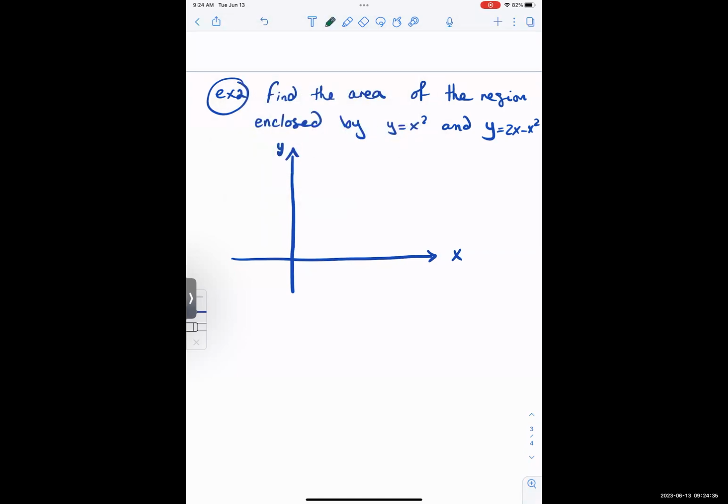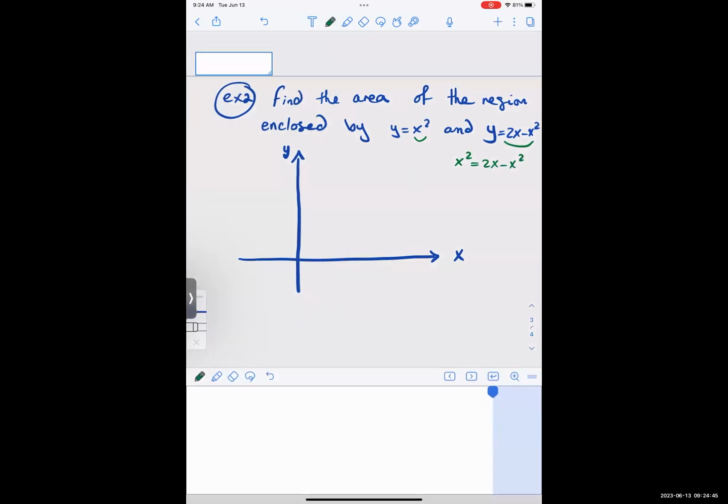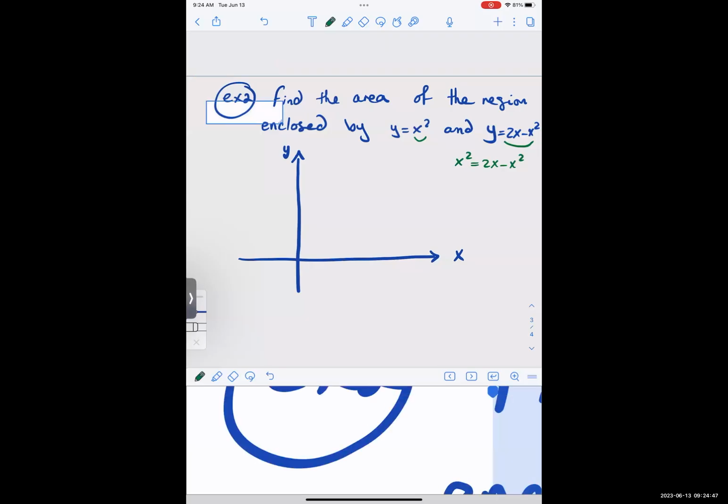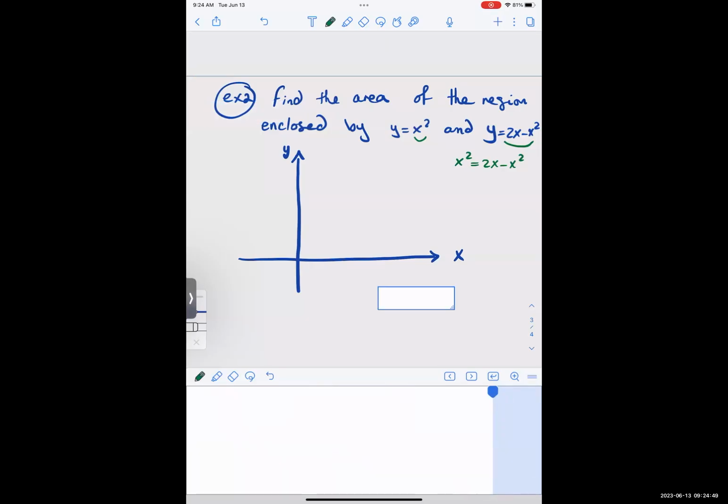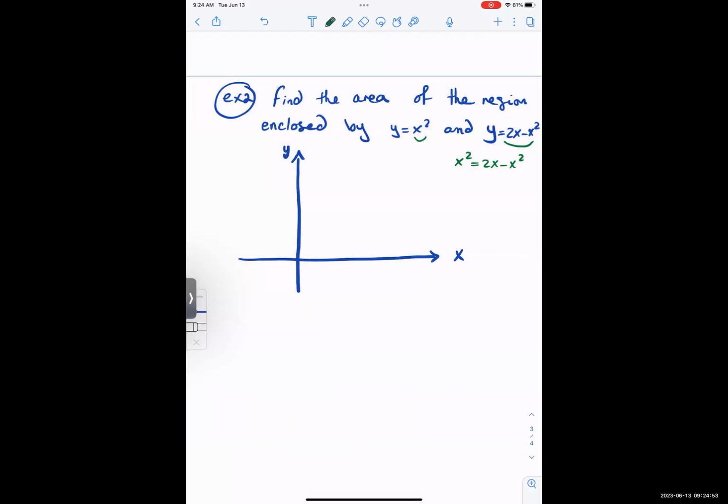So in order to know the intersection of two graphs, you're going to put the two functions equal to each other, because you want to know where their values are equal. Right? Now bring everything to one side because it's a quadratic, and then solve for x.